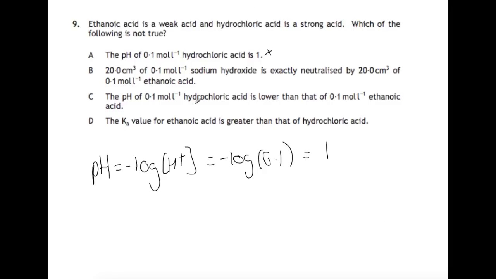We have 20 centimetres cubed of 0.1 molar sodium hydroxide is exactly neutralised by 20 centimetres cubed of 0.1 mole ethanoic acid. So this would be a 1-to-1 mole relationship if you were to do this reaction, which means that you would need equal volumes of the two, so that one is true. pH of 0.1 molar hydrochloric acid is lower than that of 0.1 molar ethanoic acid.